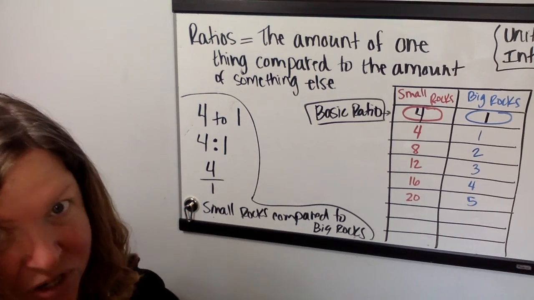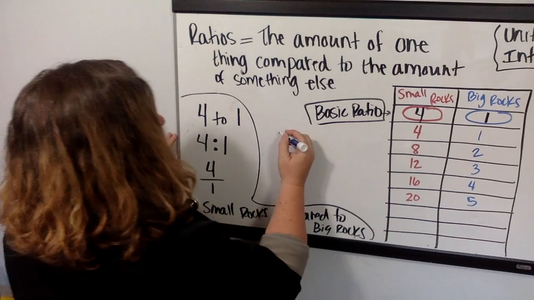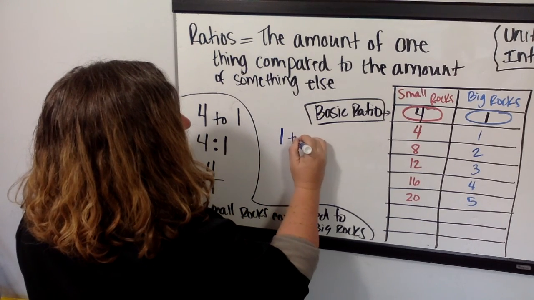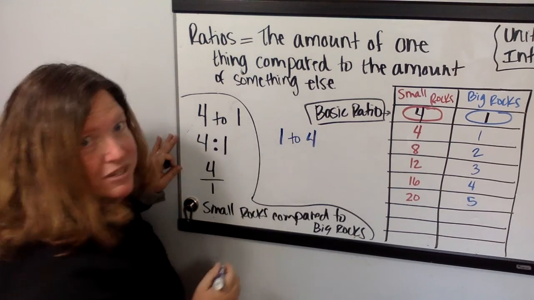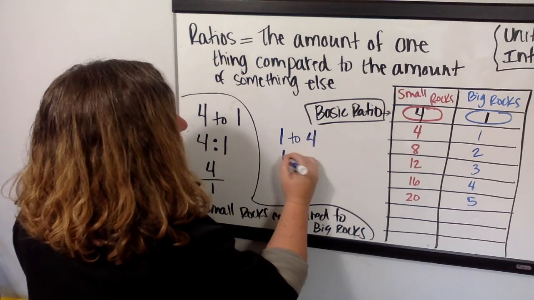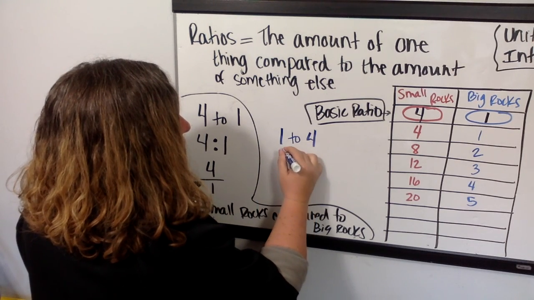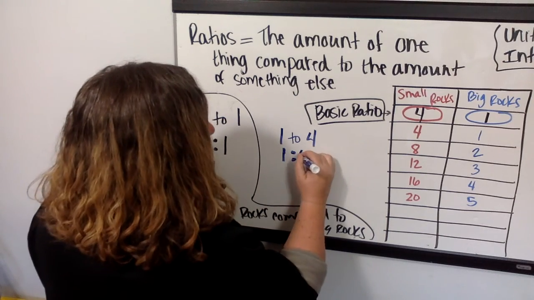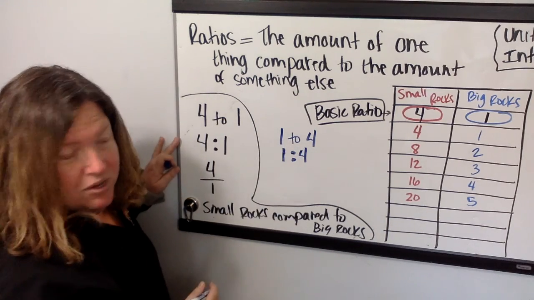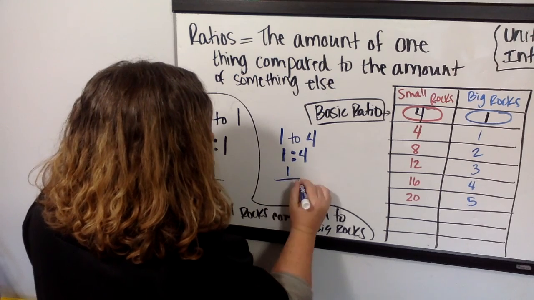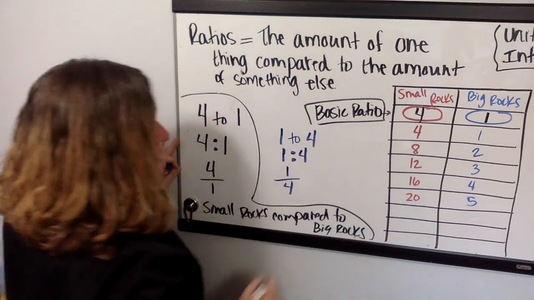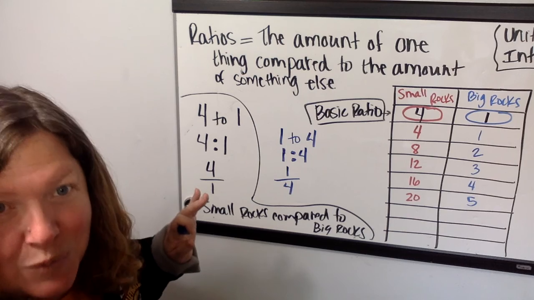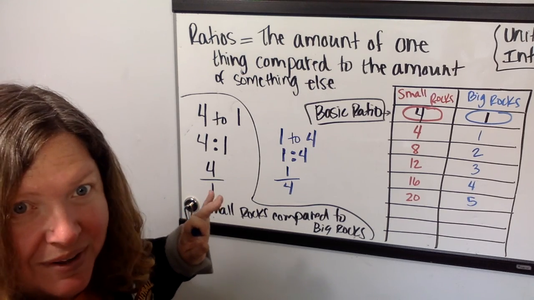What if I switched it around and talked about it as 1 to 4, or 1 colon 4, or 1 looks like a fraction, 1/4, but we're going to read it as 1 to 4.